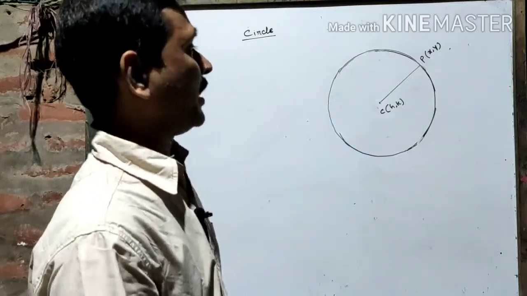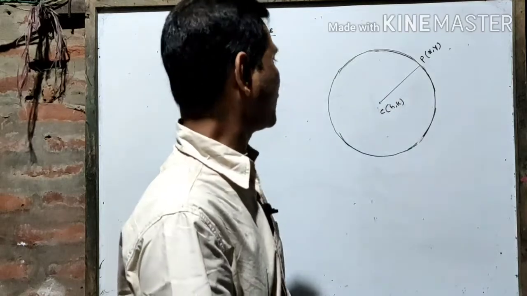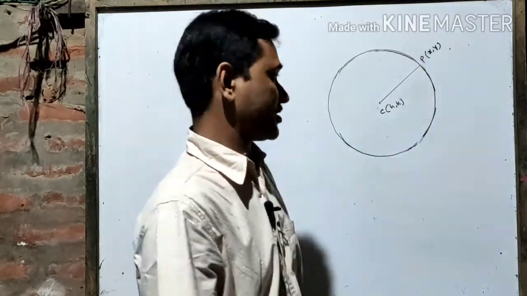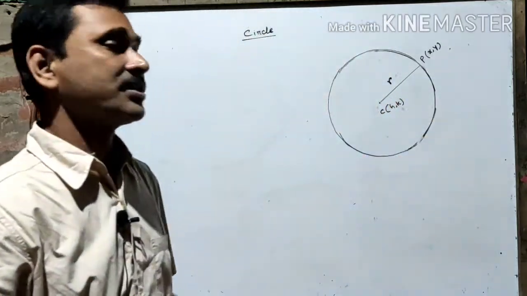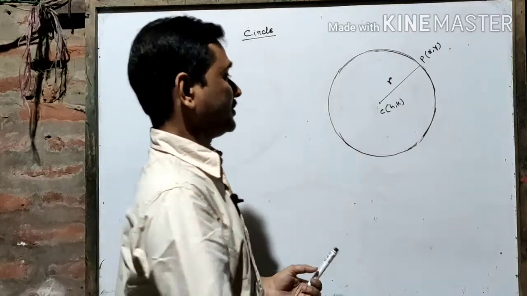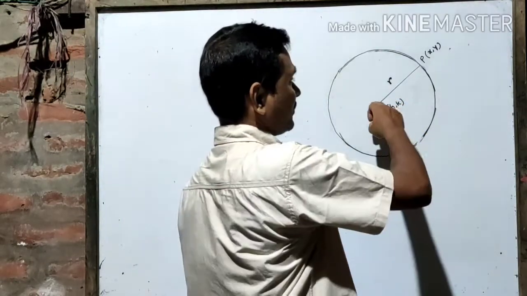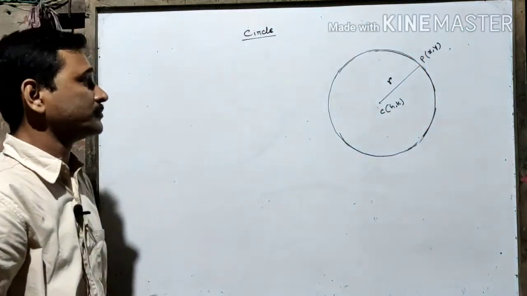Now what is a circle? When a point moves on a plane in such a way that its distance from a fixed point is always a constant, then the locus of the point is called a circle. That fixed point is called the center of the circle, and that fixed distance is called the radius of the circle. That we all know.